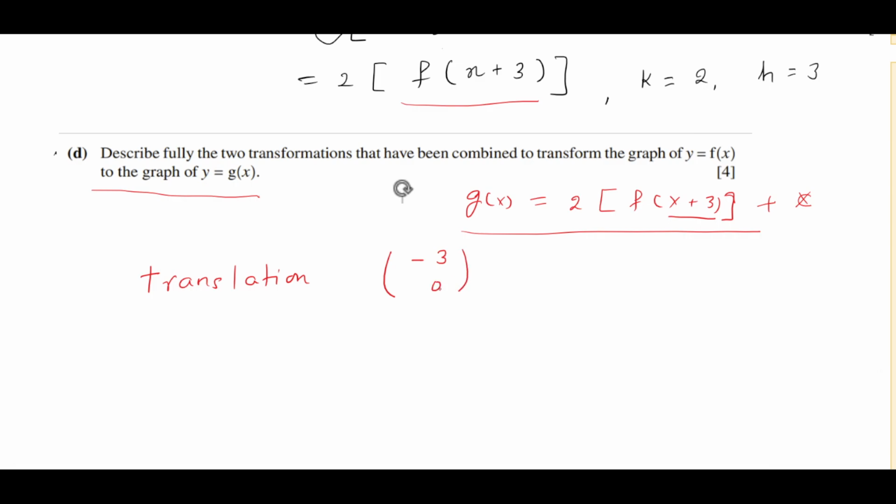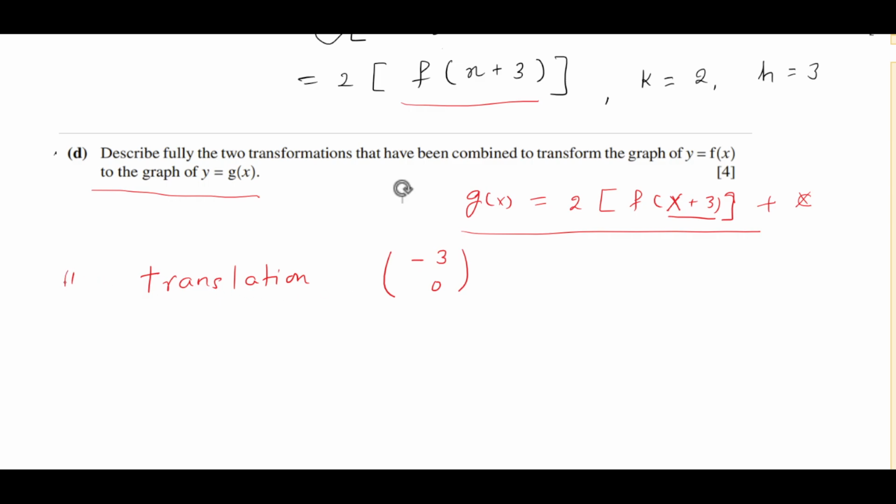Plus 3, right? There is no -3. When it is x plus 3 we use minus, and when it is x minus 3 we use plus. So for x, whatever we are doing, the reverse is actually happening. So there is a translation by -3, towards the left, right?